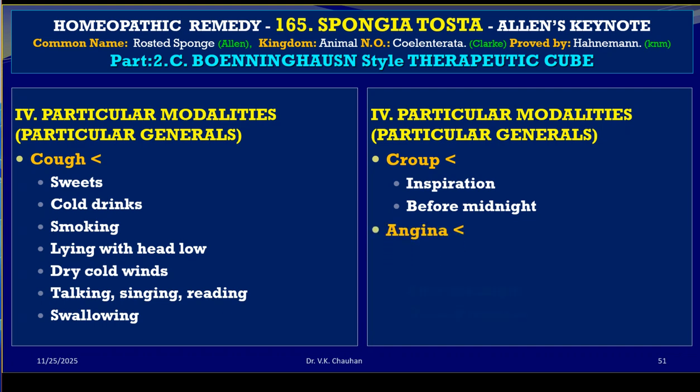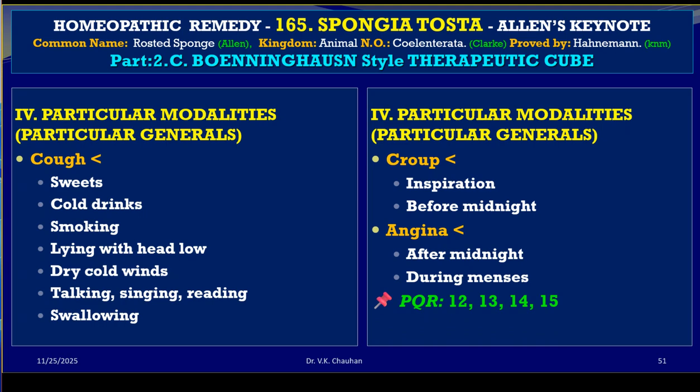Let us go to the angina. It is after midnight and during menses. Why during menses? Because the fluid load increases, circulatory load increases. There is a fluid retention in the body, which puts stress on the heart. It is PQR 12, 13, 14, and 15.